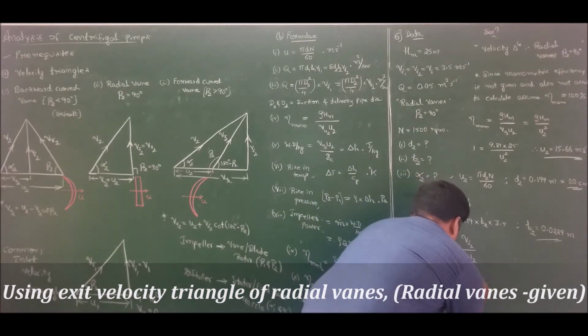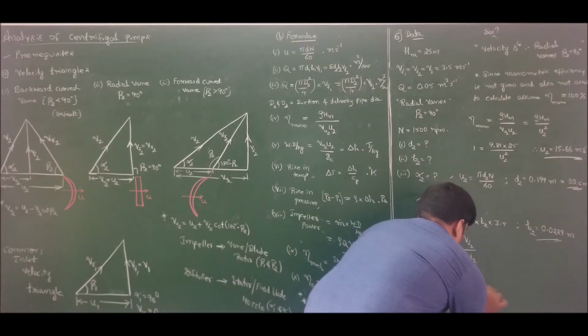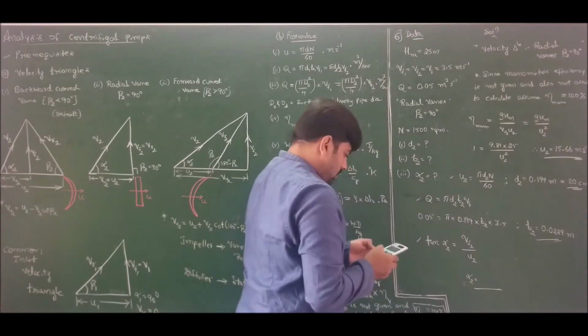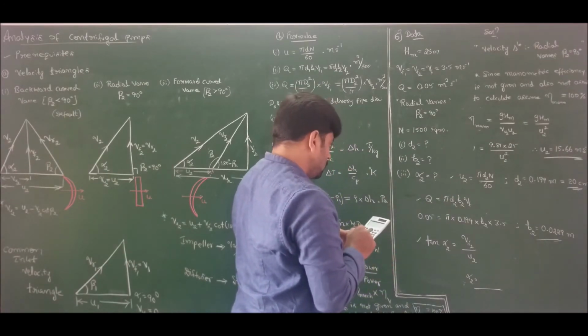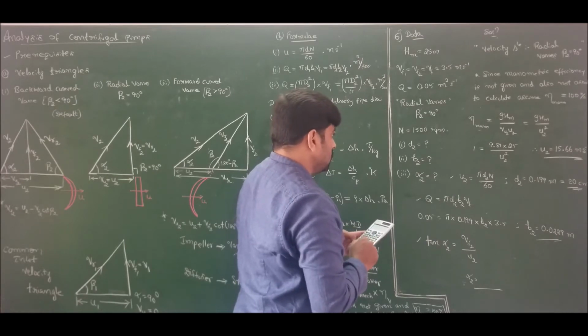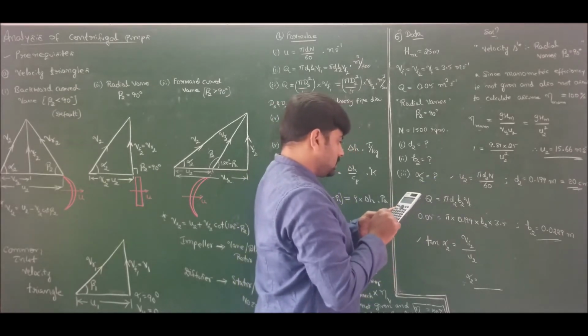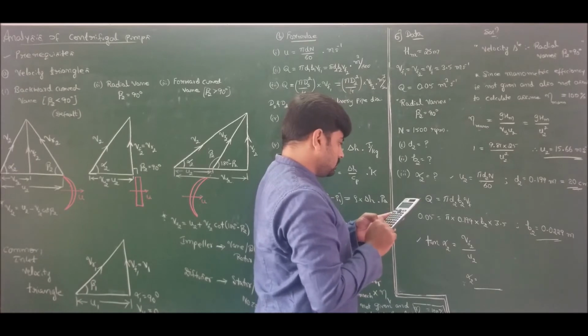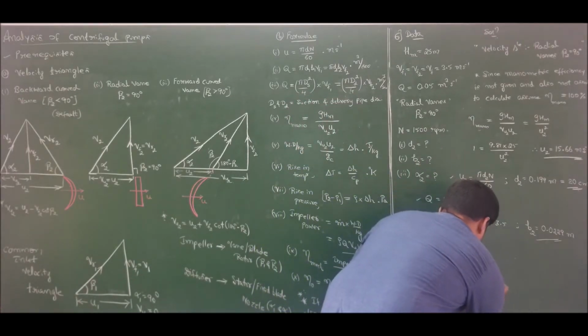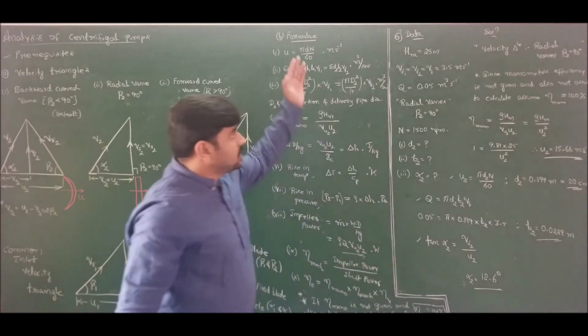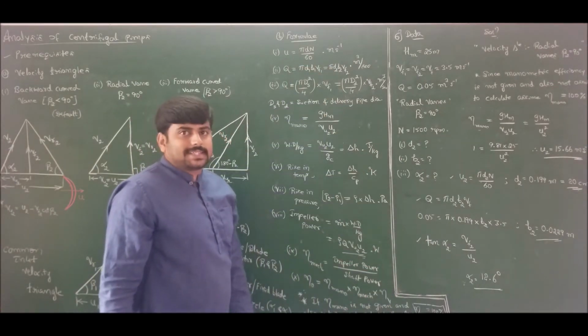So alpha 2 is equal to tan inverse of Vf2, which is 3.5, divided by U2, which is 15.66. Alpha 2 is 12.6 degrees. So this is the solution for problem number 6.